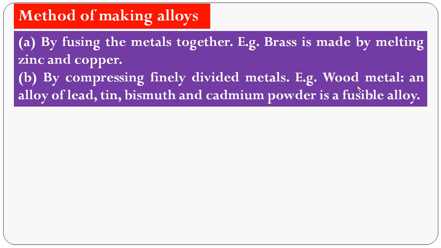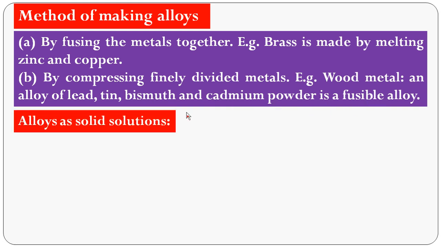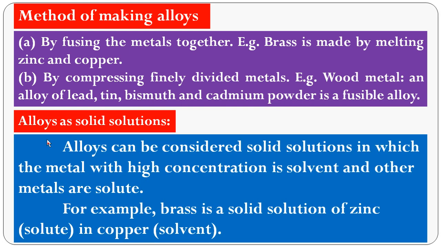For example, wood metal, an alloy of lead, tin, bismuth and cadmium powder, is a fusible alloy. Then alloys are called solid solutions. Solutions contain a solute and a solvent.